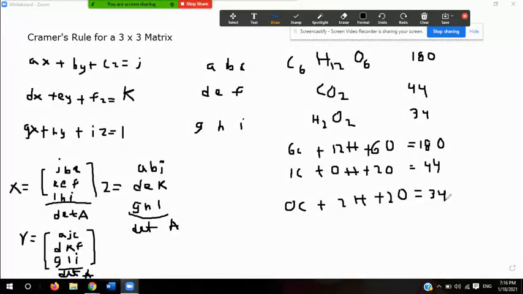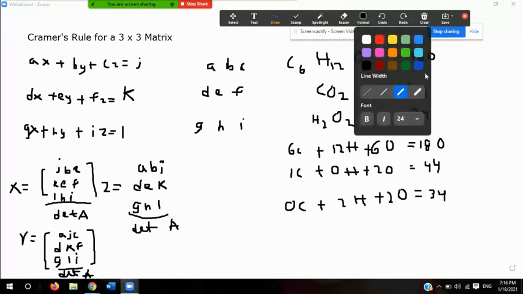So what we want to do is find the determinant. What I like to do is first label them.